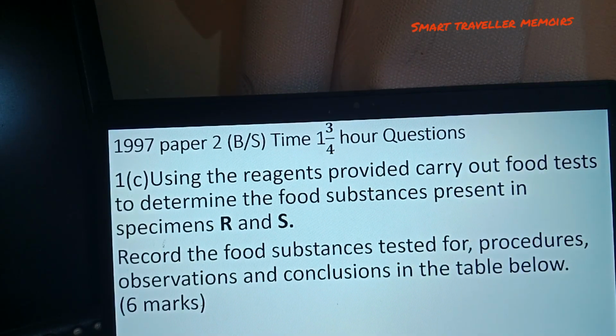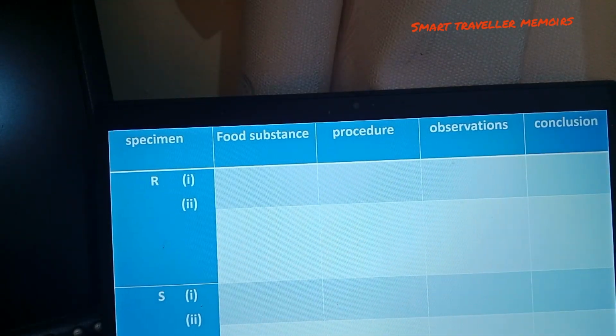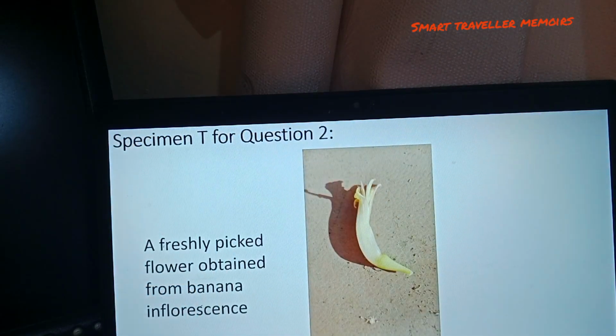Using the reagents provided, carry out food tests to determine the food substances present in specimen R and S. Record the food substances tested for procedure, observations, and conclusions in the table below. So that is the table. Specimen, food substance, procedure, observations, and conclusions.